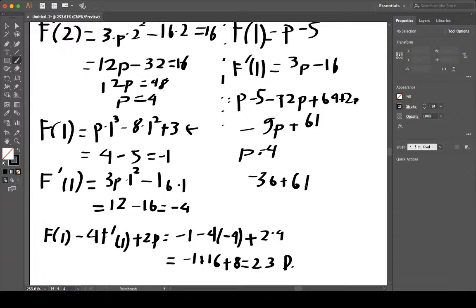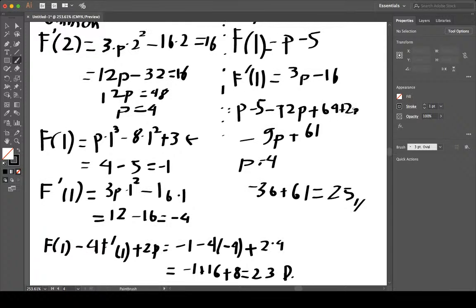And obviously this is 25, which somehow breaks my law as well. I think I've made a mistake somewhere. Minus 10 minus 9p, 66, that's plus 61. But then we know p is 4, so we plug that number in, negative 36. That's 25, which is not in my problem set.